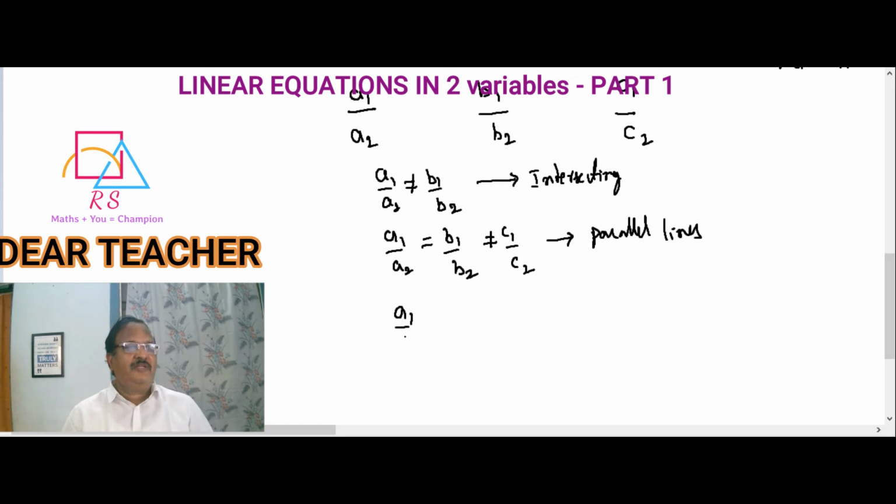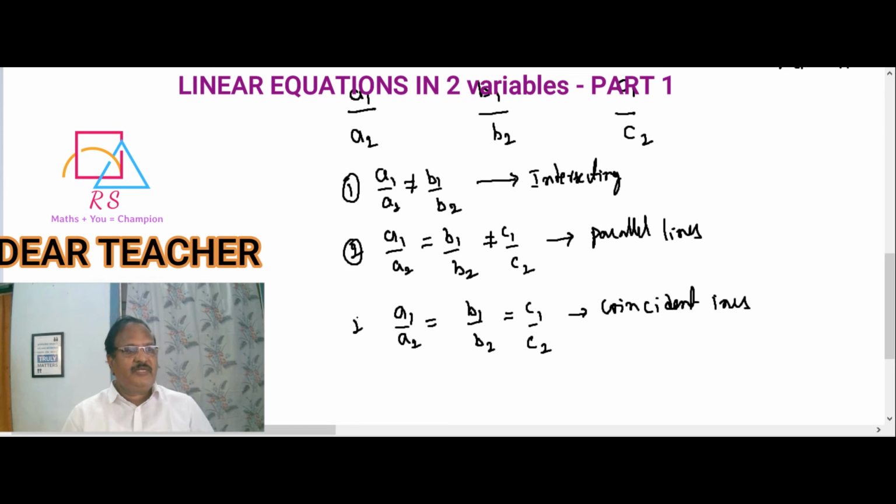unique solution or many solutions or no solution. So now three conditions are given here: case 1, case 2 and case 3.